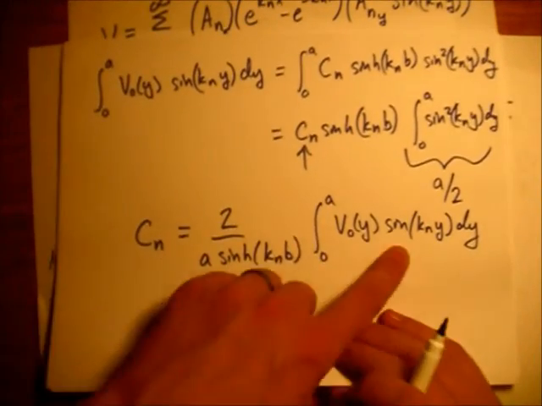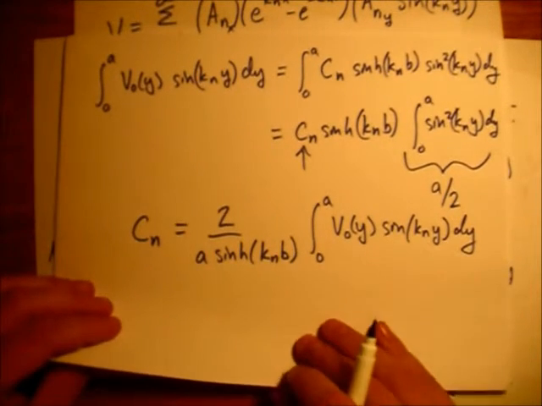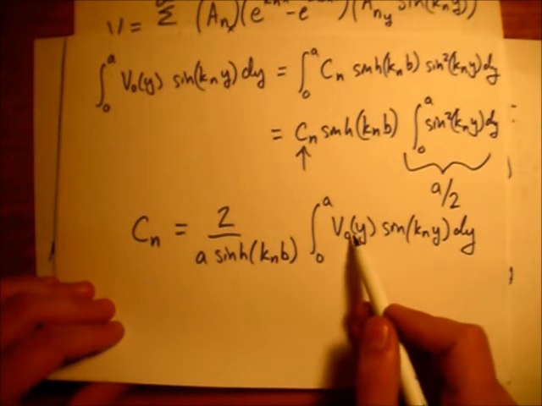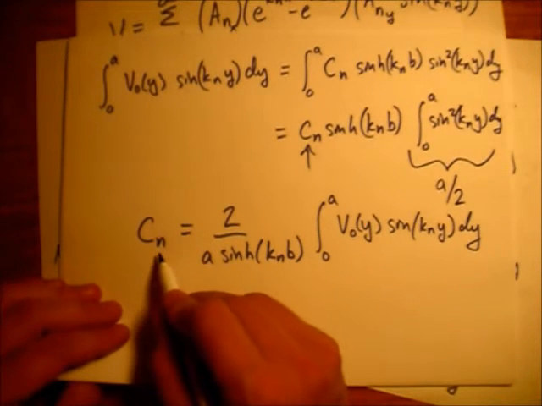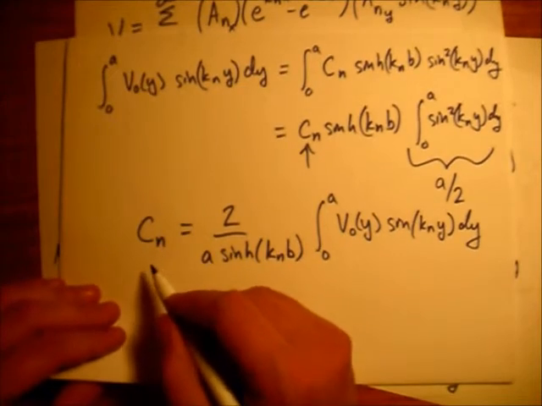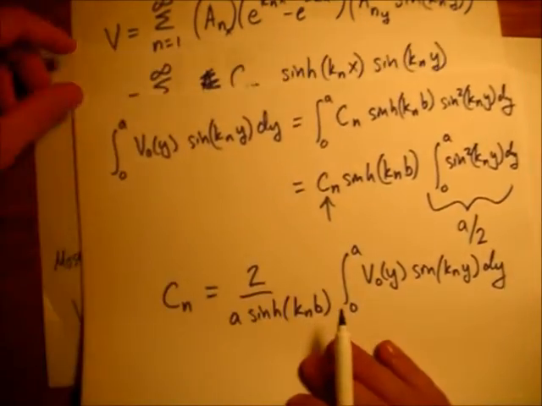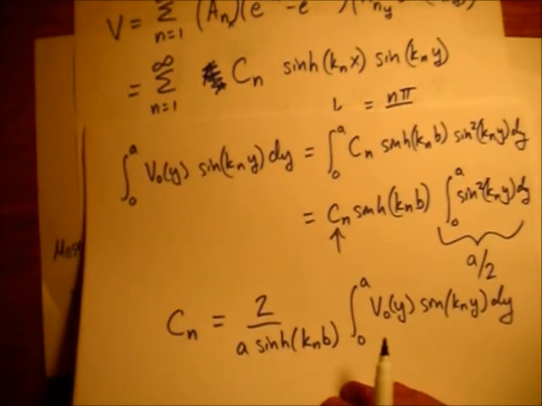So now we do know what it is. It's not pretty, but if we knew what this V naught y was explicitly, and you ask, for n equals 3, what is C n, then we could solve this equation right here and find it. So we have actually determined the entire potential.